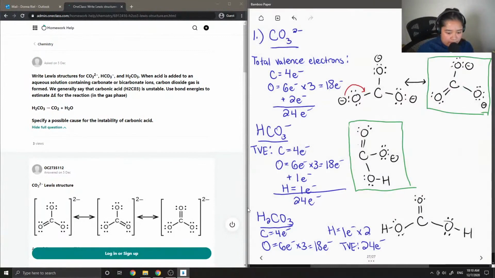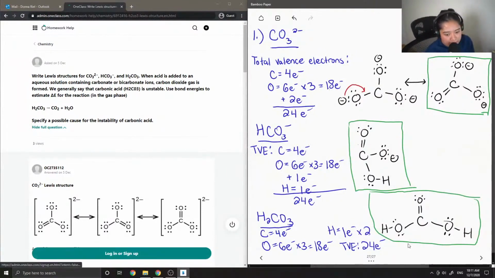We can double check and count out all the electrons: 4, 5, 6, 7, 8, 16, 17, 18, 19, 20, 21, 22, 23, 24. Okay, so this is the final Lewis structure for carbonic acid.